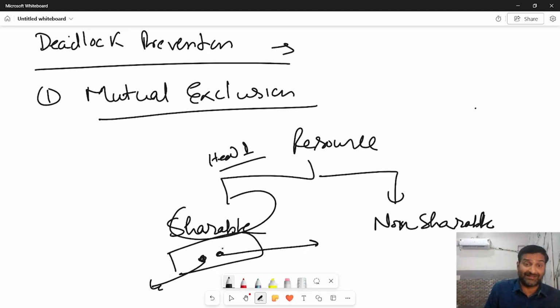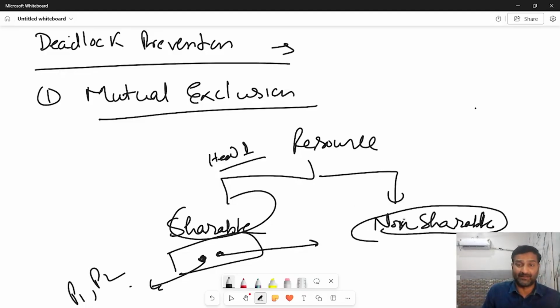If the resource is shareable, it can be provided to multiple processes, P1, P2 like that. But if the resource is non-shareable, it can be provided to one and only one, that means either P1 or P2.